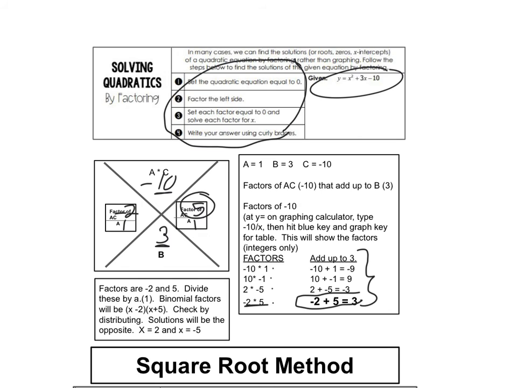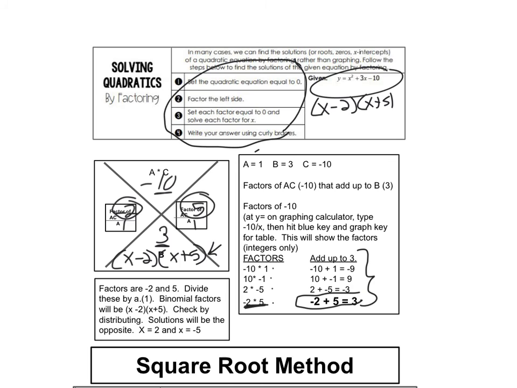So those are the factors. So my binomials would be this. So these 2 binomials here would be the factors of the equation.